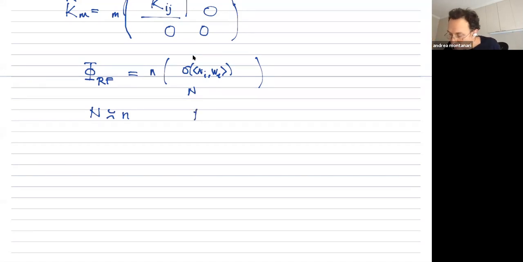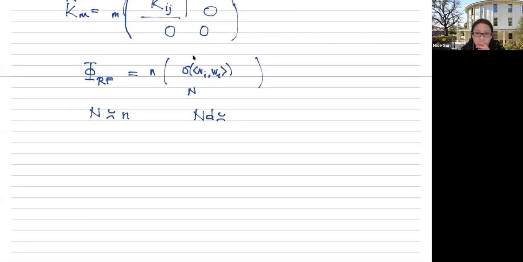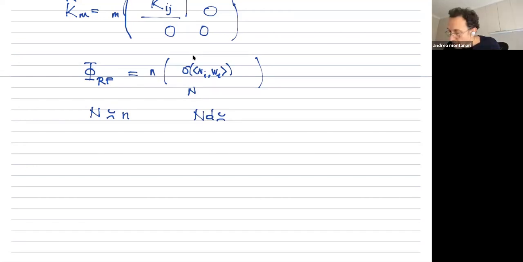Probably one has to take N and D proportional. I think there is some work in that direction by Pennington and others, and I think it's true also in this regime. It's a more complicated random matrix model because the covariance has a more complicated structure, but I think it's true. But it's probably difficult to prove.